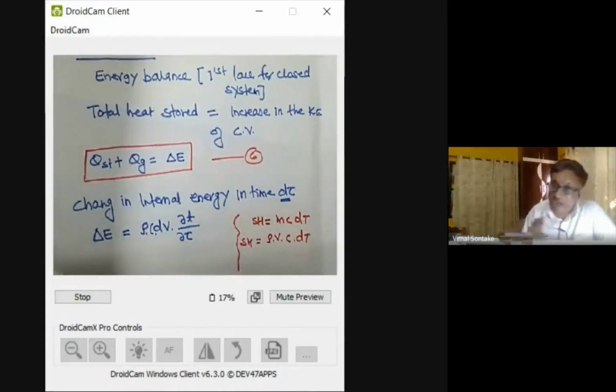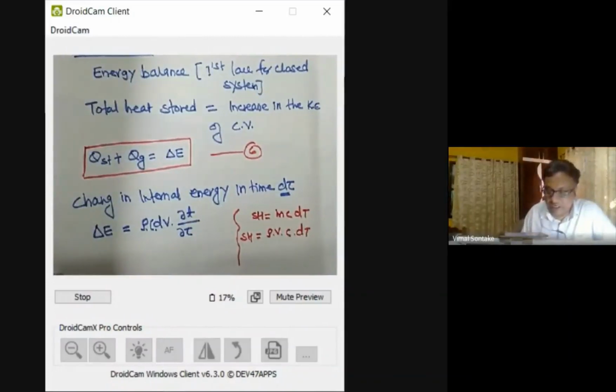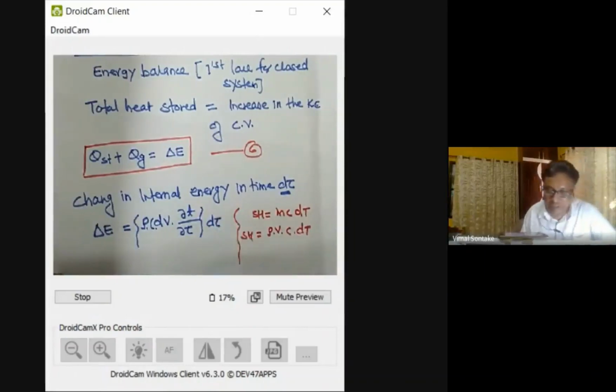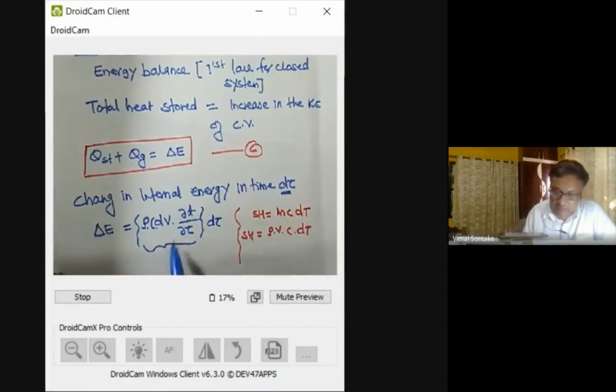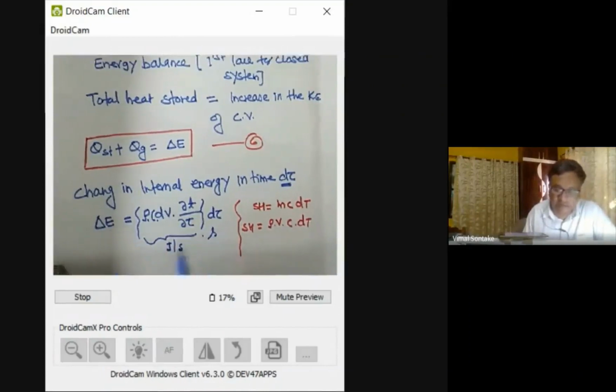Correct? Now again, I am interested in the amount of change in internal energy. So what I will do, I will multiply this entire term by d tau, isn't it? The unit of this term will be joule per second, and this will be second. So second will get cancelled, and I will get the unit of this delta E as joule.